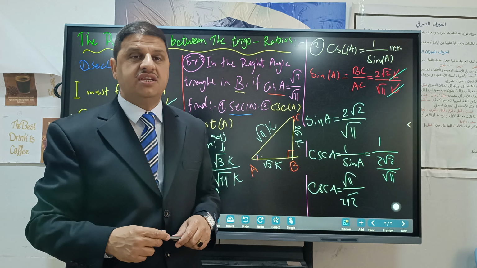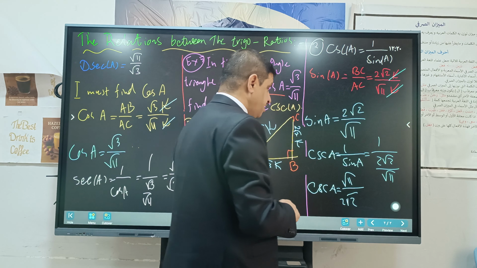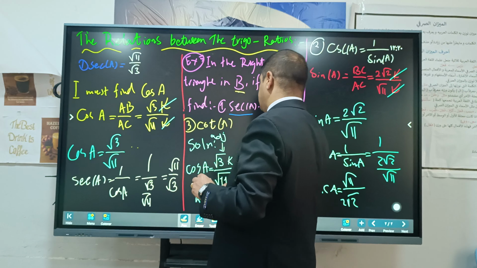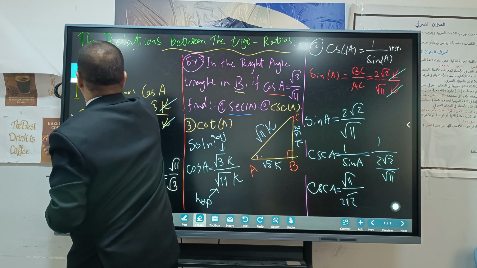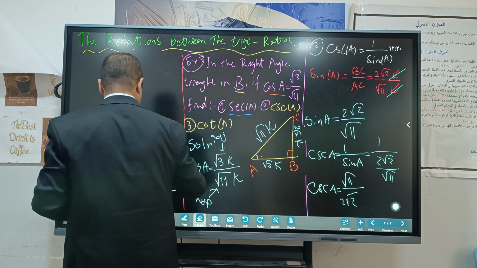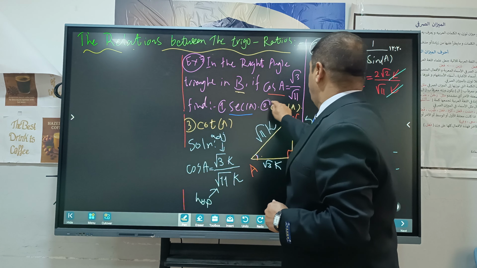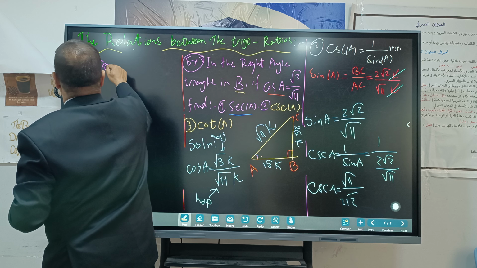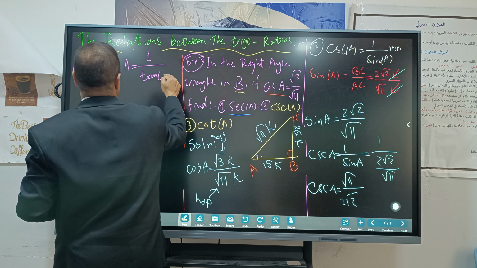Here is the cosecant of A, dear students. You understand it? Now, let's move to the third request, which is cotan of A. Cotan of A equals 1 over tan of A.